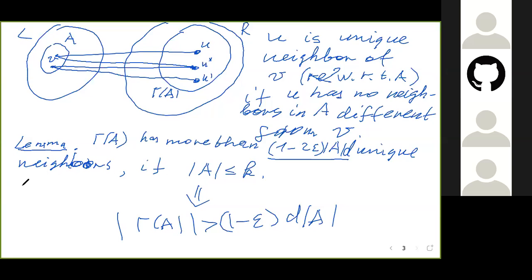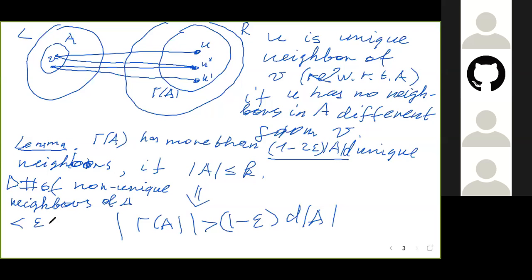So the key point here is that the number of non-unique neighbors of A is less than epsilon times A.